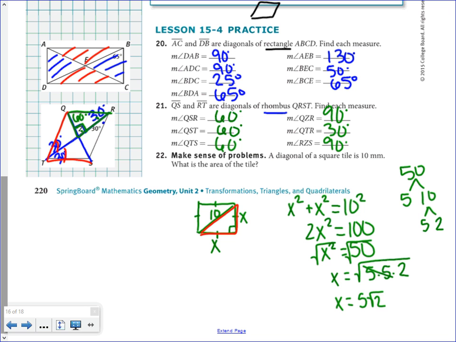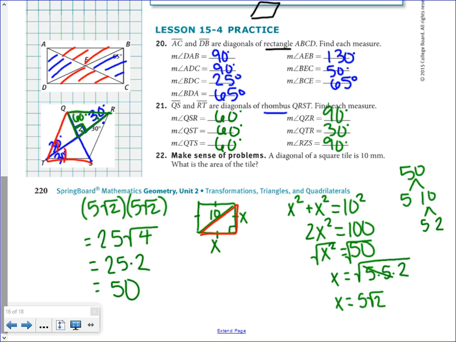From there, area is base times height. And if you multiply those, 5 times 5 is 25. The square root of 2 times the square root of 2 is the square root of 4, which is just 2. So 25 times 2, 50 millimeters squared. So that'd be your area.